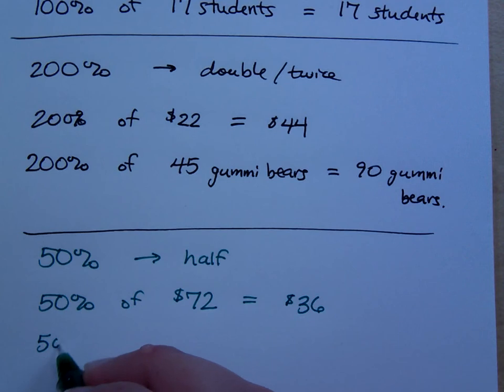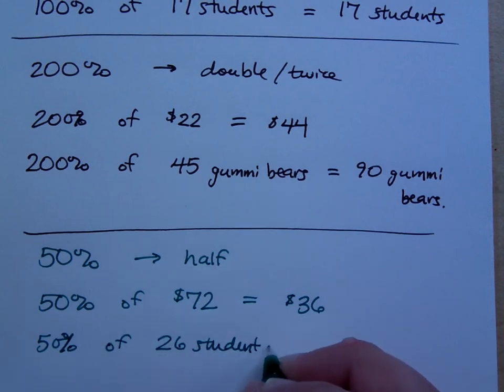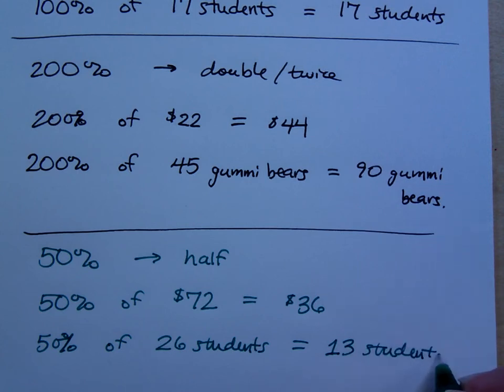If I say that 50% of 26 students pass the exam, what does that mean? 13. That would mean only 13 students pass the exam, right? So 50% just means what? Half. Easy peasy, right?